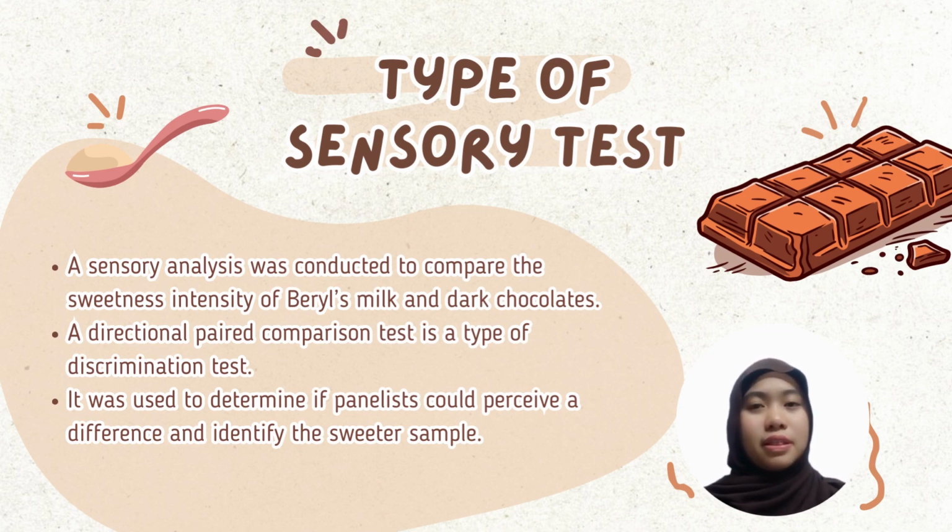This method is simple, requires minimal sample size, and is widely used in food sensory analysis to detect subtle differences in formulation, ingredients, or processing. So it plays a crucial role in ensuring product consistency, optimizing formulations, and maintaining high quality in the competitive chocolate market.